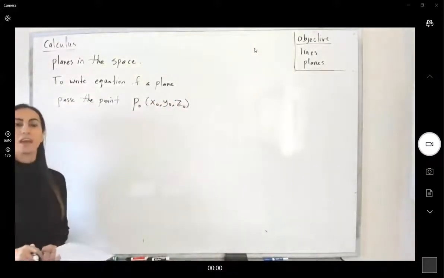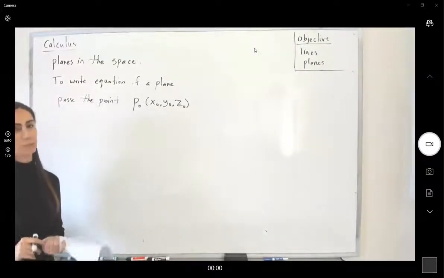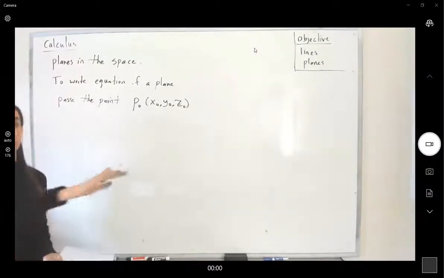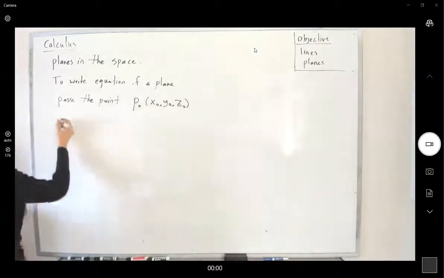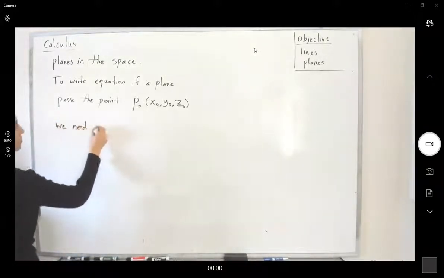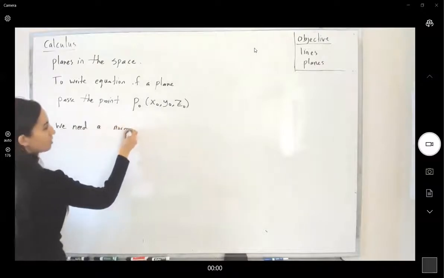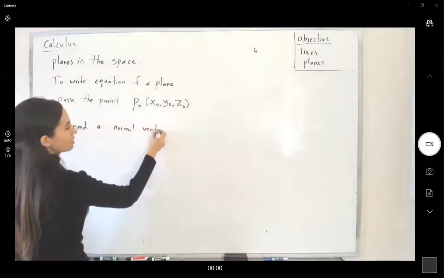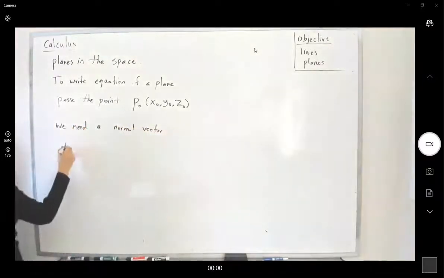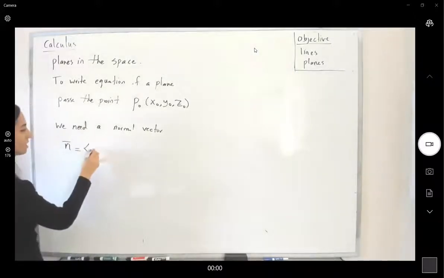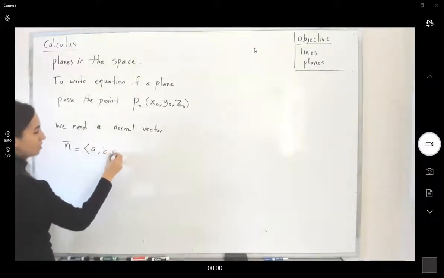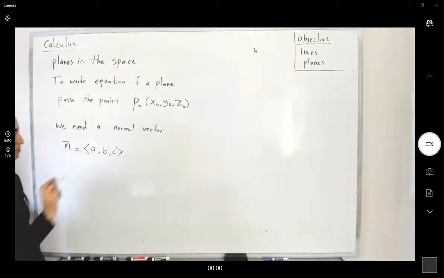we need a normal vector which is perpendicular to the plane, including that point. We need a normal vector denoted by n. Since it's a vector, it has some components, a, b, and c.